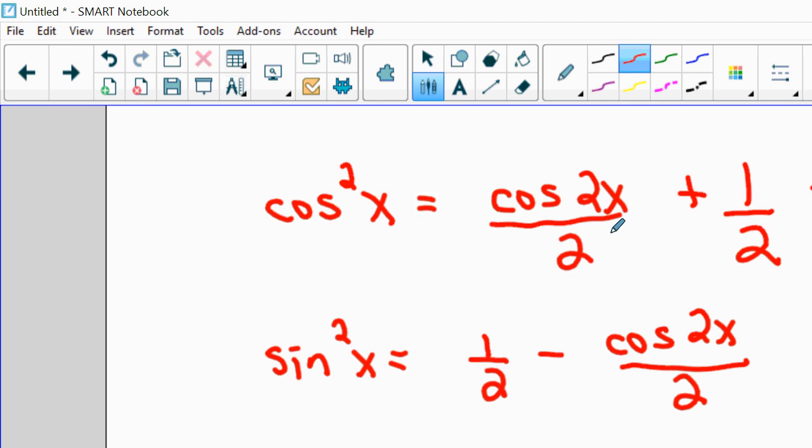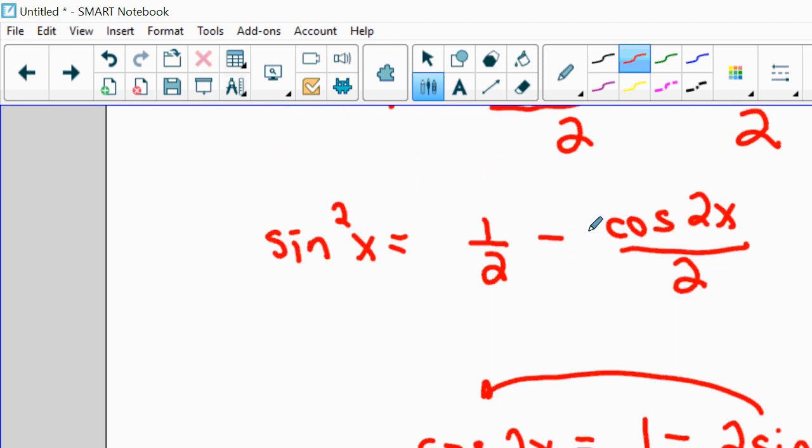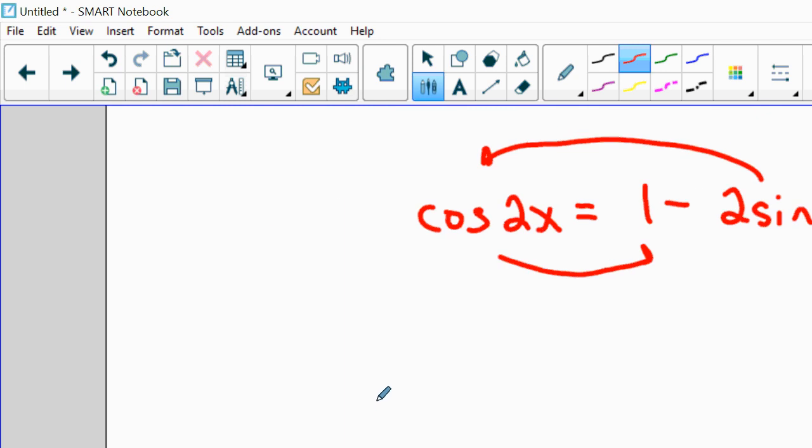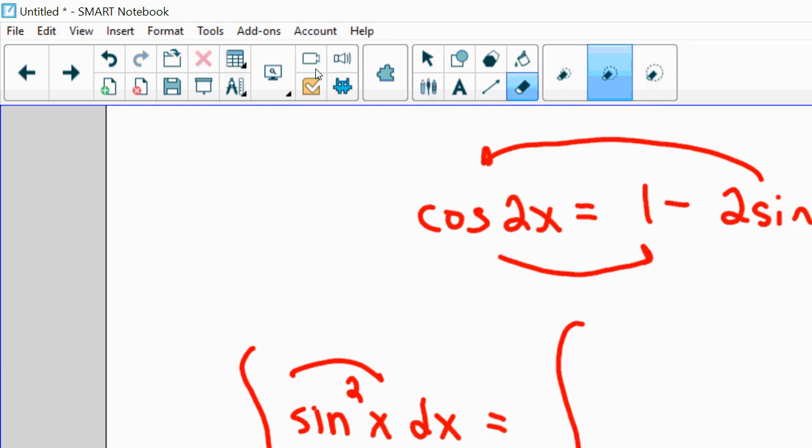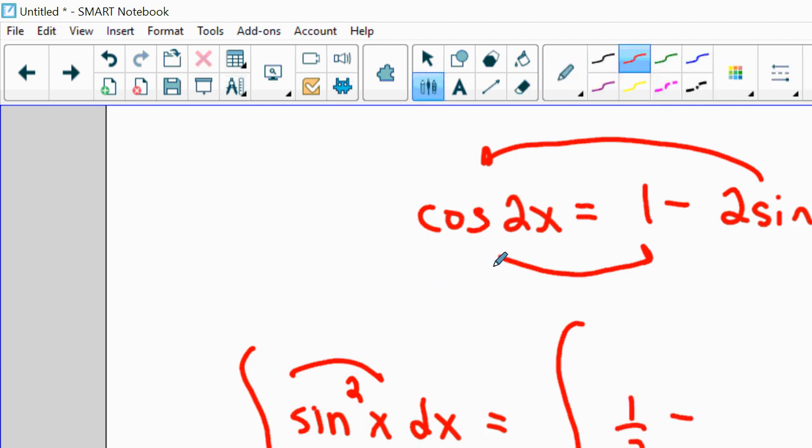Because when you're in calculus 2, they're going to ask you this question. They're going to ask you to do the antiderivative of sine squared x dx. And you need to know that that's 1/2 minus cosine 2x over 2 dx.